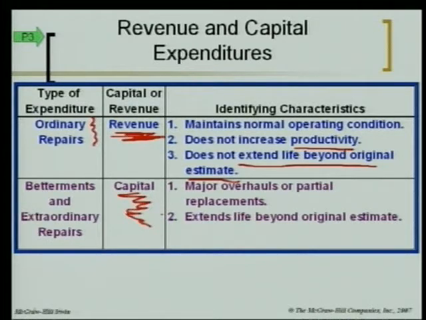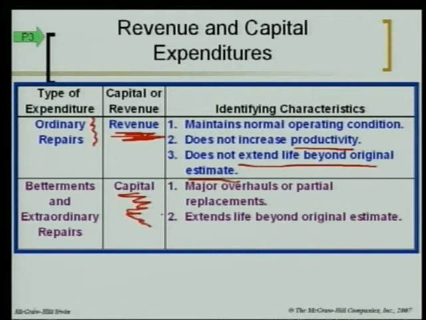So you have to ask yourself, is this an ordinary repair? You know, something that doesn't increase the productivity, doesn't extend the life, it's just something we have to do, versus whether this is like a major overhaul or partial replacement. Okay? Revenue expenditures, capital expenditures. Okay?